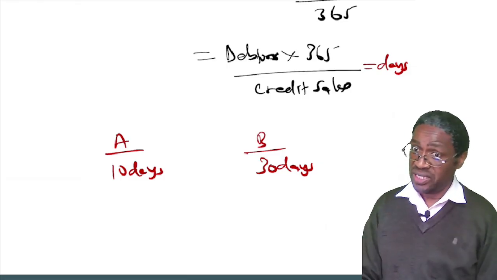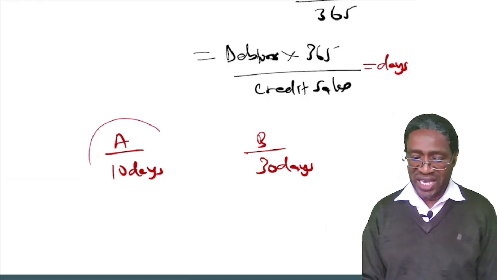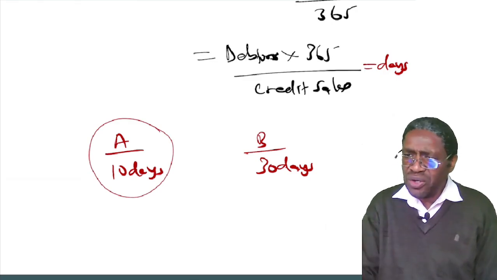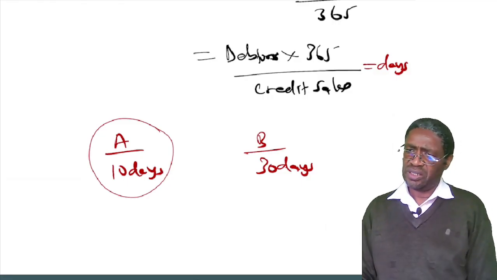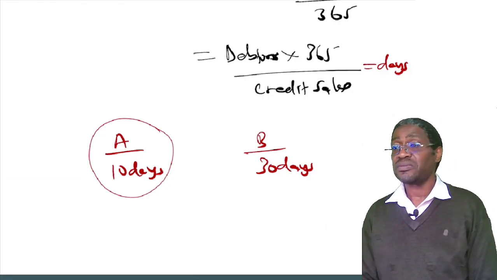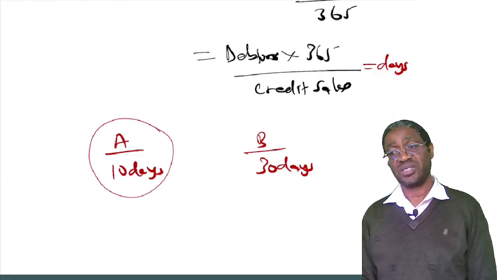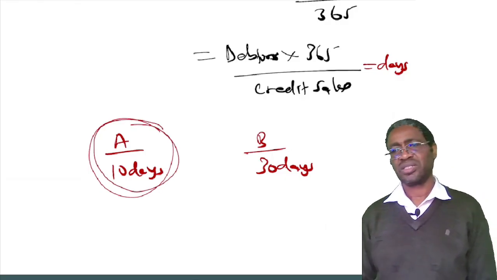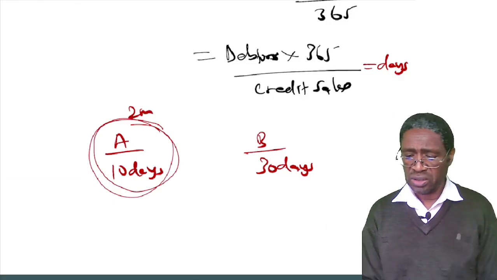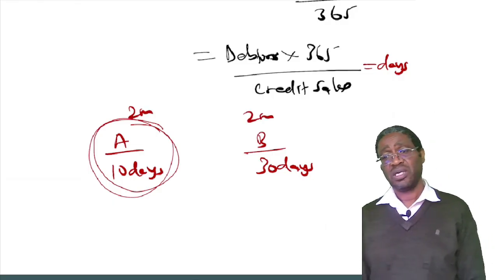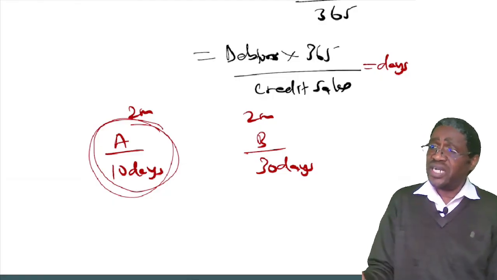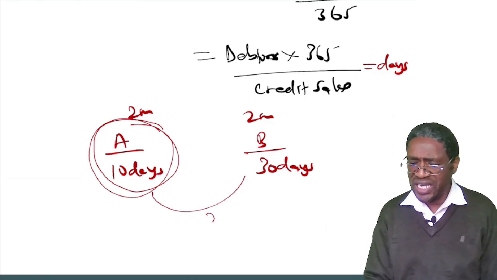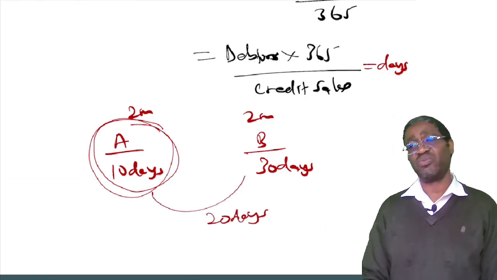It is obvious that company A is better. Why? Because they take a shorter period to collect their money from debtors compared to company B. Maybe both of us are to collect 2 million from our debtors. Me as company A, I take 10 days and I get my 2 million, while you, company B, have another 20 days to wait to collect your 2 million.